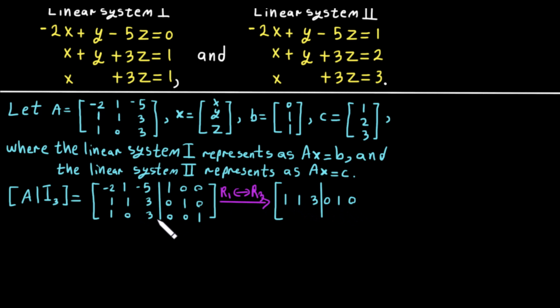So here 1, 0, 3, 1, 0, 3, 0, 0, 1, 0, 0, 1, and here -2, 1, -5, 1, 0, 0. I will change the color.